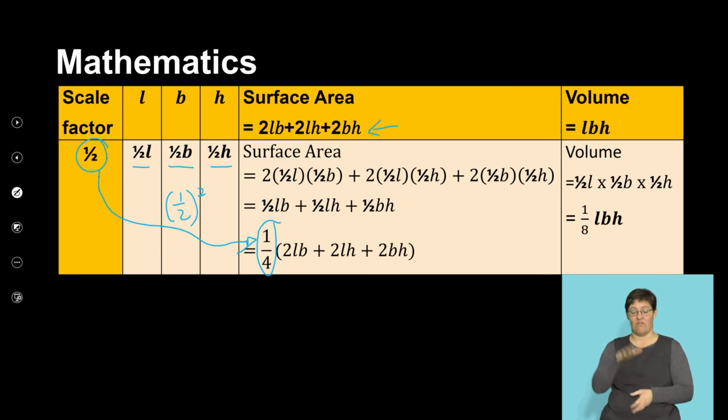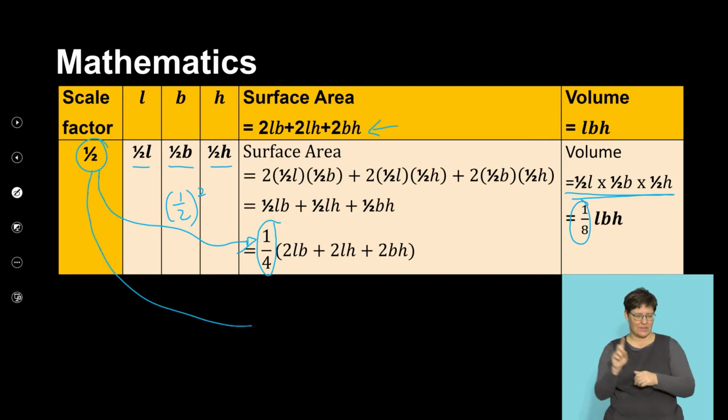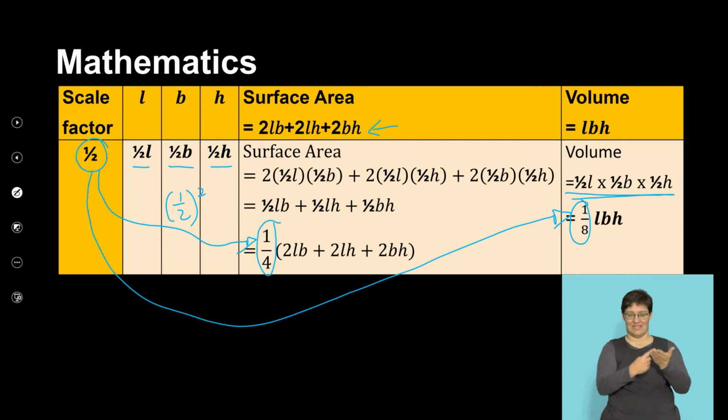So let's now look at the volume connection. Again, just substituting in the dimensions affected by the scale factor. It's equal to 1/8 times length times breadth times height. I'm going to ask you guys to carry on thinking about the link between the scale factor and the volume question. We're going to discuss this one on the next slide.